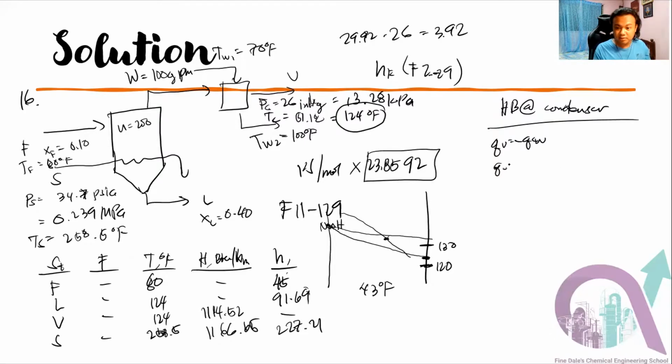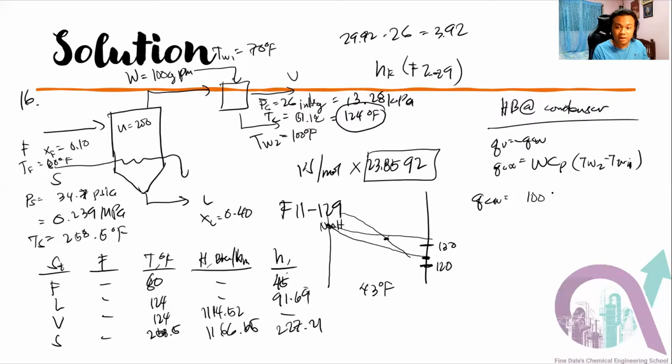And the cooling water is equal to W CP (TW1 minus TW2), or rather, TW2 minus TW1. Okay, so we have to get that heat of our cooling water, right?